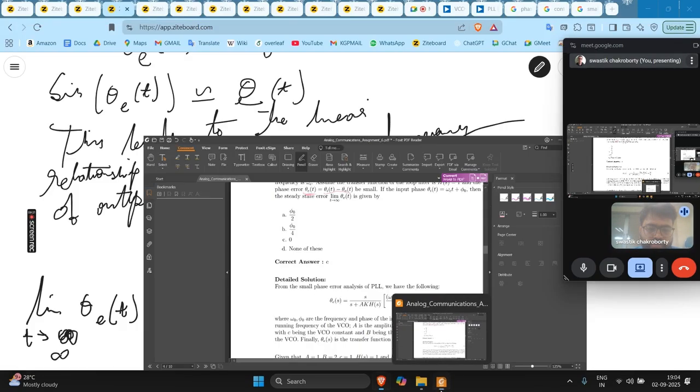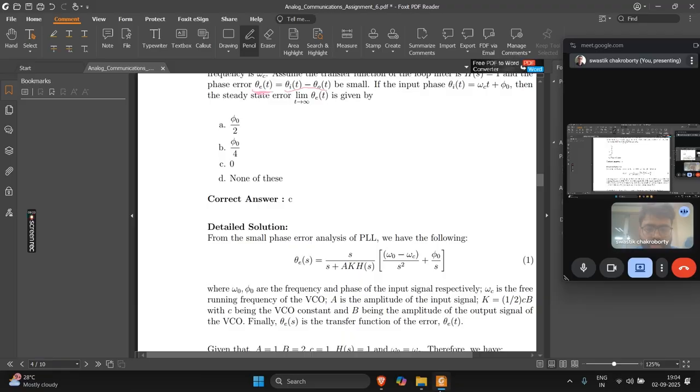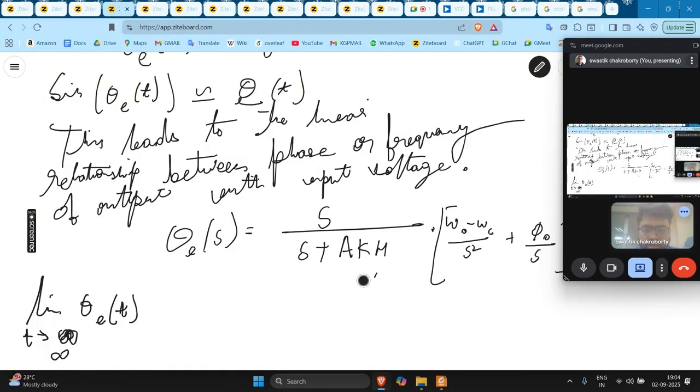Now first we have to learn what is AKH. So A is the amplitude of the signal. Omega c is the free running frequency.